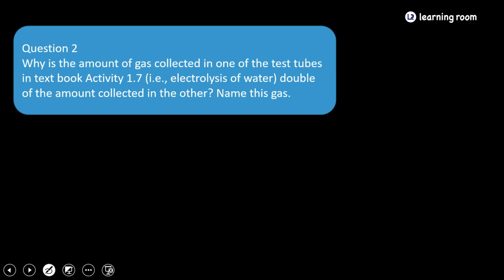Y is the amount of gas collected in one of the test tubes in the textbook activity electrolysis of water, double the amount collected in the other.